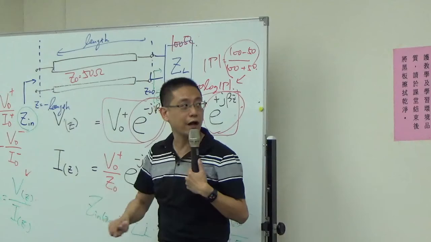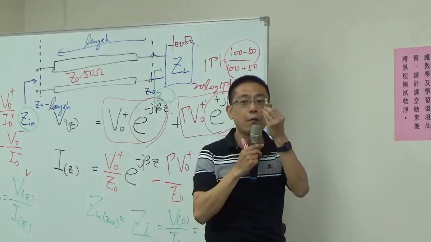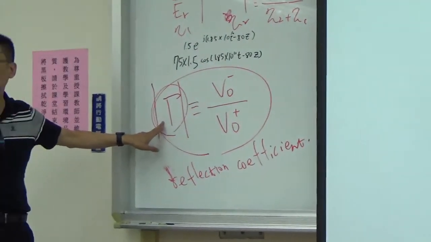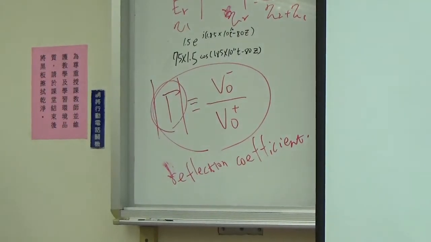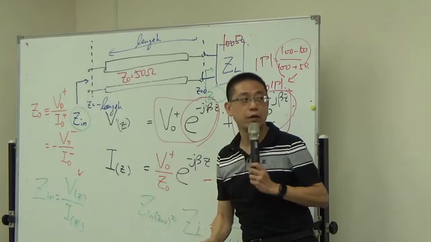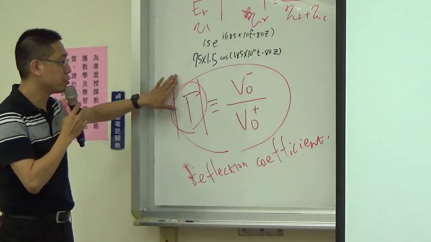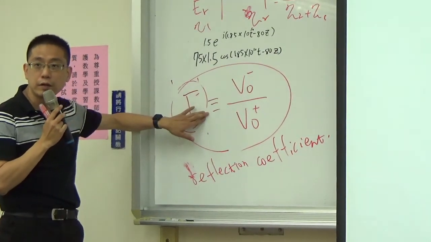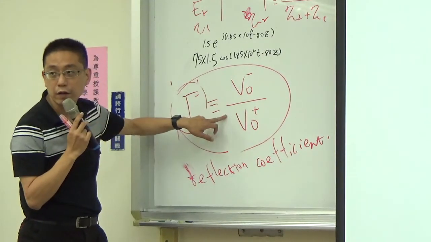Okay, so gamma can be complex. But if I want to know the absolute value of that, you only need to take the magnitude. It's okay. The definition of reflection coefficient is a complex number with this definition. Okay?